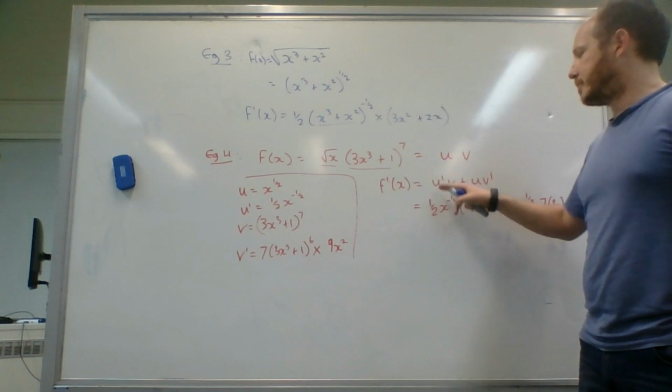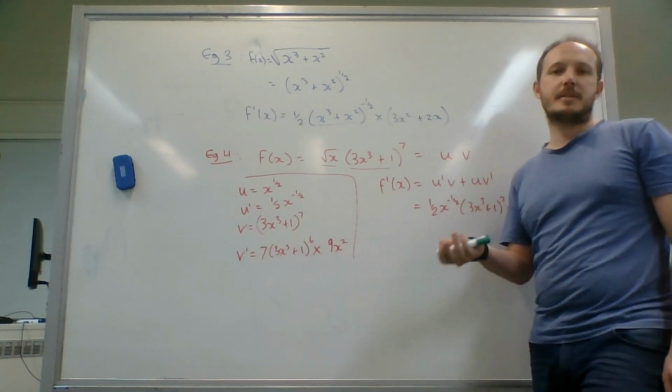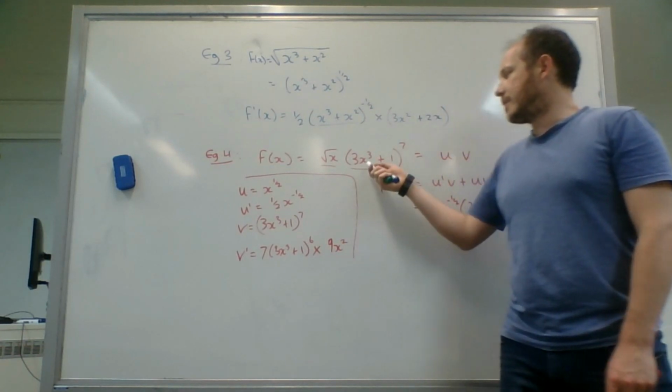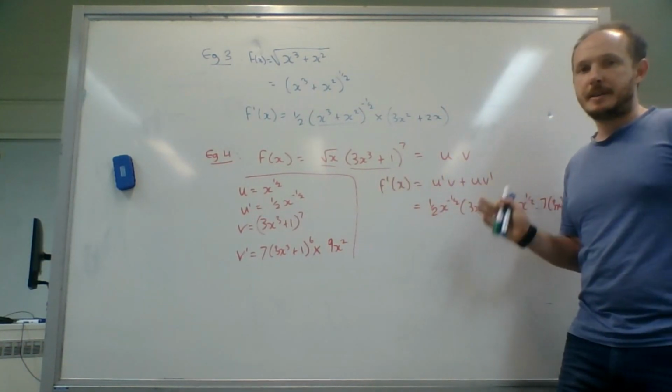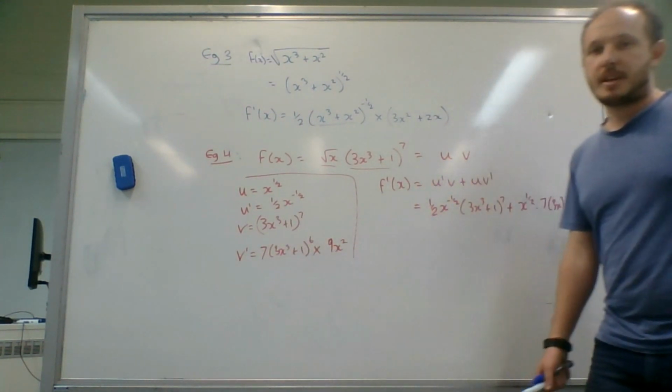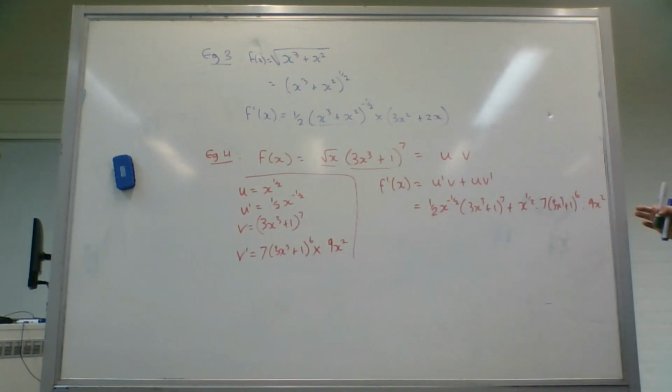Over here, you're trying to put it all together at once, and sometimes that can cause mistakes. But it's purely up to you. If you want to go straight from here to here, that's okay. If you want to do this step, that's fine too. It really doesn't bother me as long as you can get to the final answer.